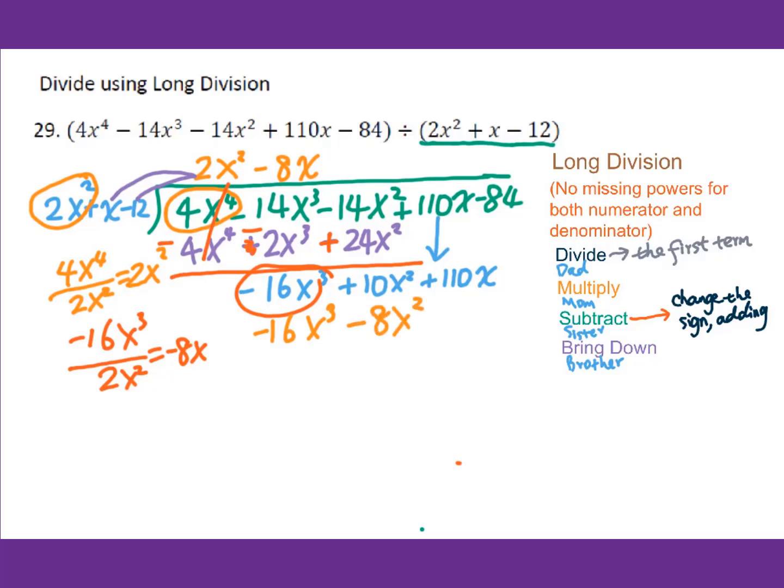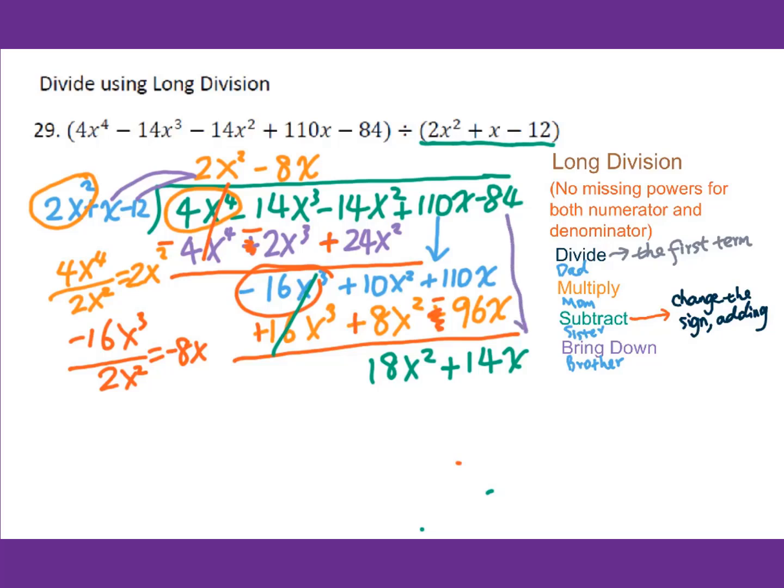Negative 12 times negative 8x, that is positive 96x. Still, change the sign. Adding. First term is gone. We got 18x squared plus 14x. Then we drop down minus 84.